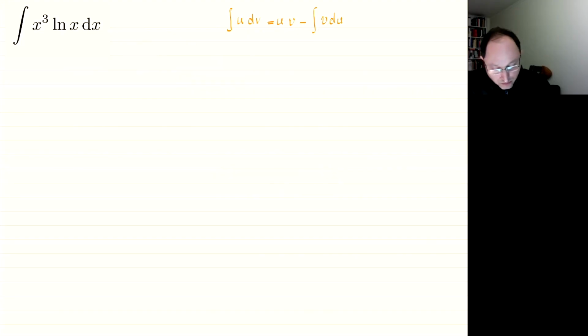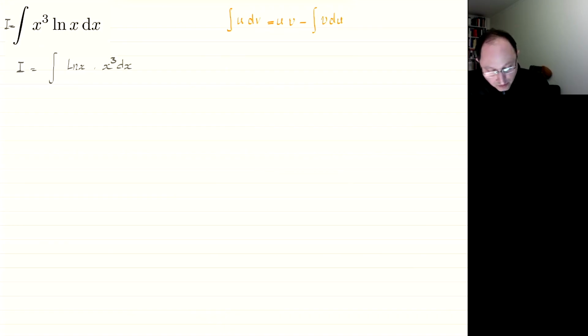So what I will do is try to rewrite it in this way. Let me call my integral I and change my color. So I is equal to, I will rewrite it in this way, ln of x multiplied by x cubed dx.